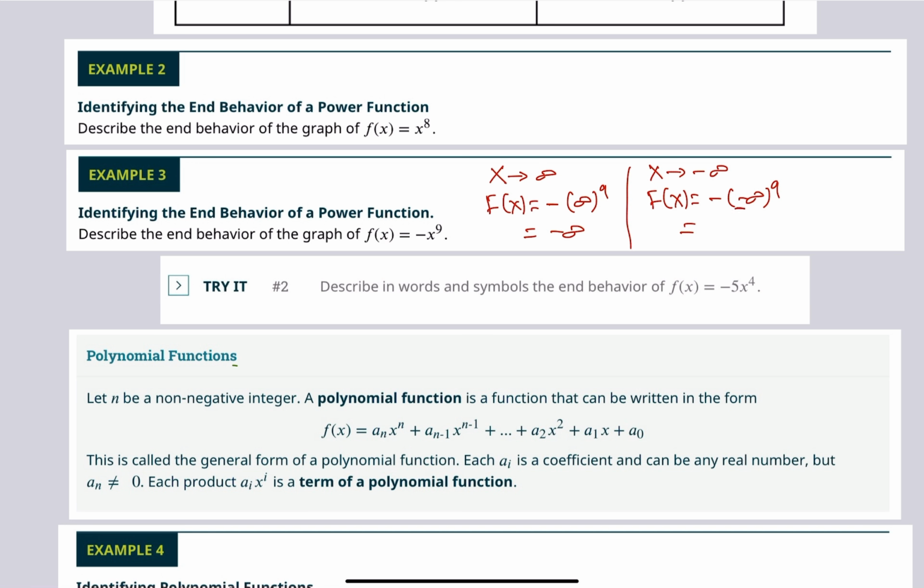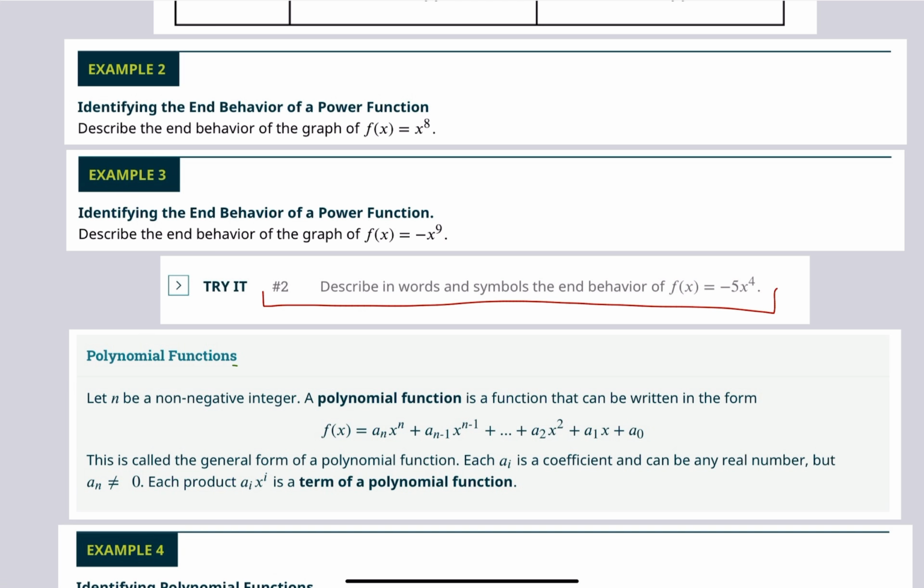Now, what did I tell you about this? If it's an odd exponent with a negative sign, it remains as negative. So negative infinity, and negative by negative is just equal to positive, which is positive infinity. And that's it. Okay, so try and solve this one on your own. If you have any questions, you can ask me in class.